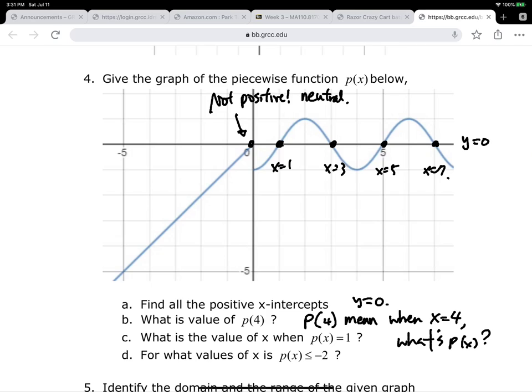Well, if you look at it, x equal to 4 is 1, 2, 3, 4. So P of 4 is equal to -1.